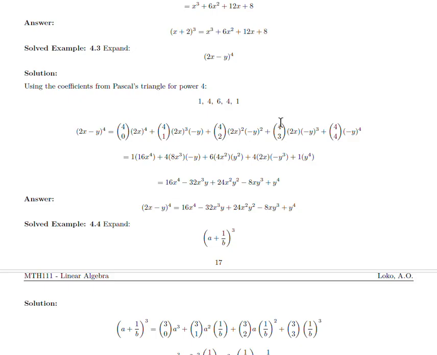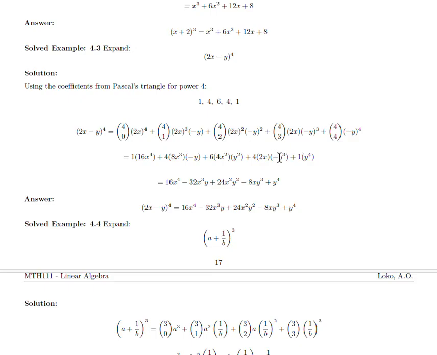Then to the next one, for combination 3 is 4, and then 2x, the power of 2x reduces to 1, and then minus y cube, right? Now it's minus 1 cube, then y cube.